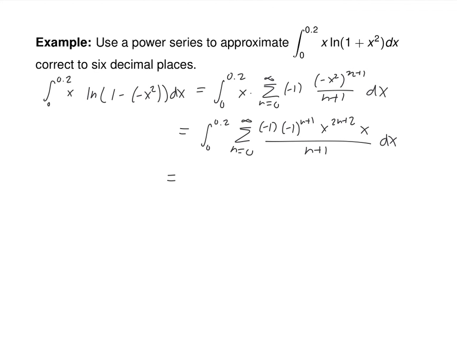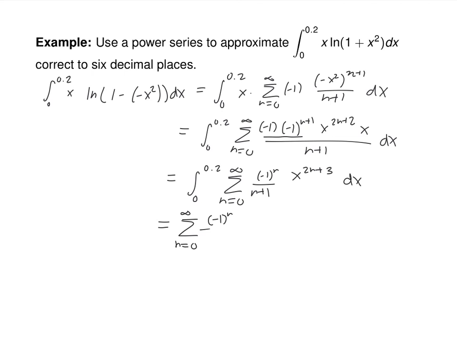And that's the same thing as the integral from 0 to 0.2, the sum from n equals 0 to infinity. This could be thought of as negative 1 to the n, x to the 2n plus 3, over n plus 1. And now we antidifferentiate x to the 2n plus 3. We have the sum from n equals 0 to infinity, negative 1 to the n over n plus 1, times x to the 2n plus 4 over 2n plus 4, evaluated from 0 to 0.2.